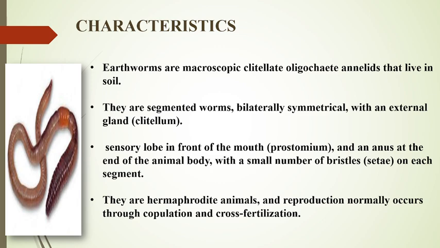Cross fertilization means one animal has female gametes, another has male gametes, and copulation occurs between them. Commonly we call the earthworm the farmers' friend because of its ability to fertilize soil.